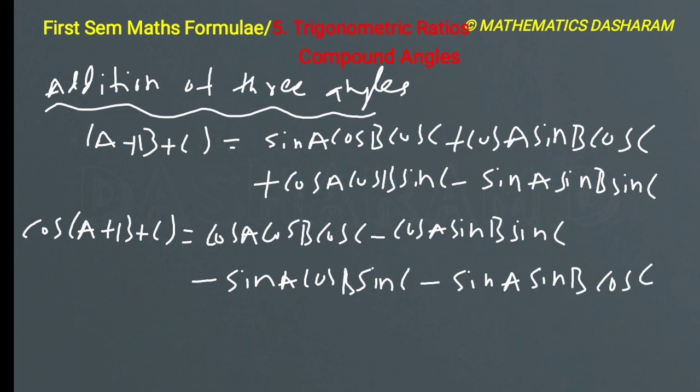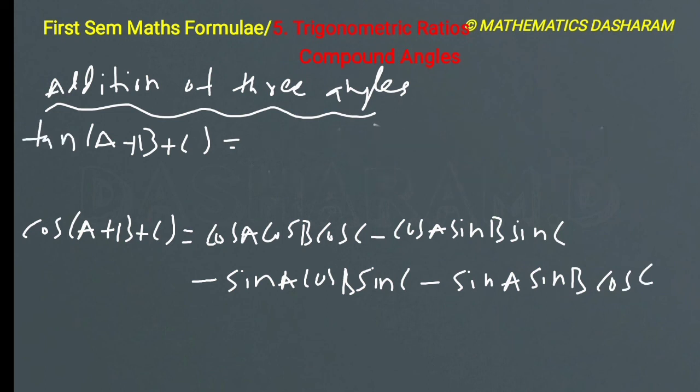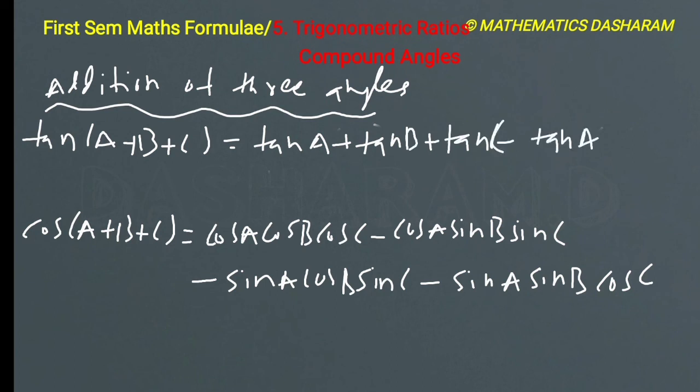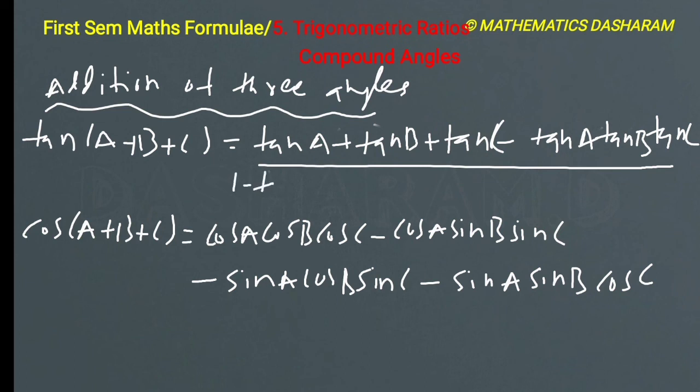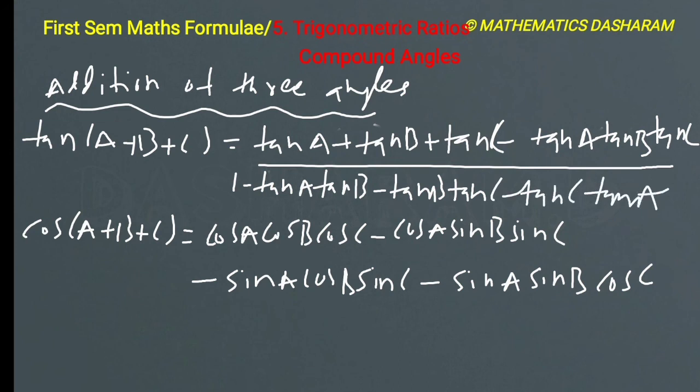So next one is tan(A plus B plus C) equals (tan A plus tan B plus tan C minus tan A into tan B into tan C) divided by (1 minus tan A into tan B minus tan B into tan C minus tan C into tan A).